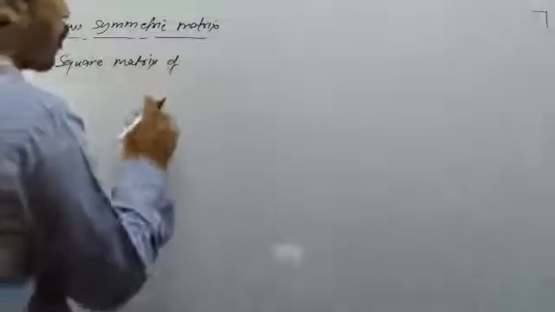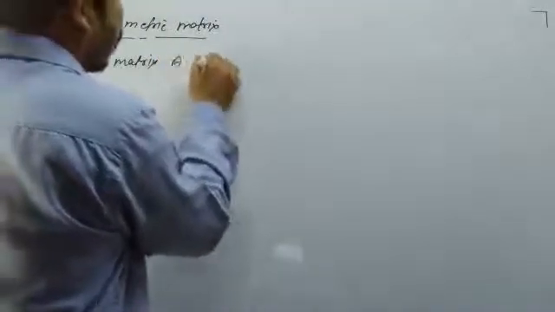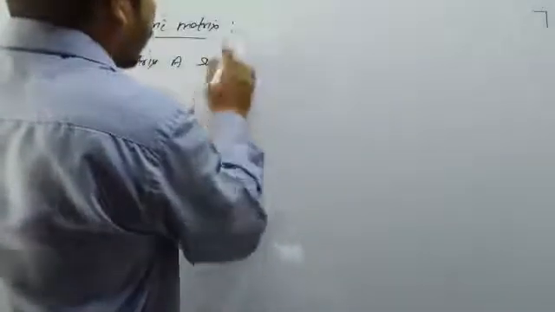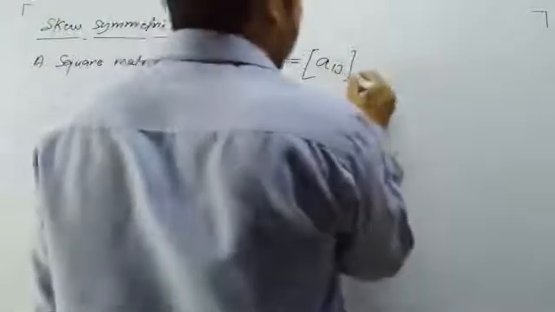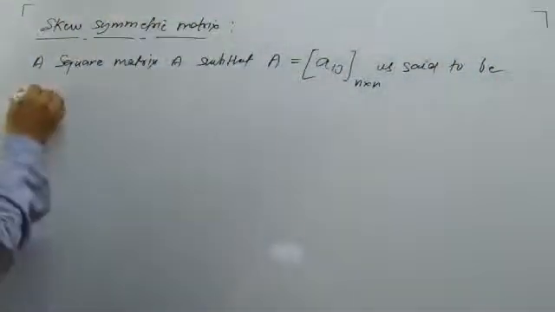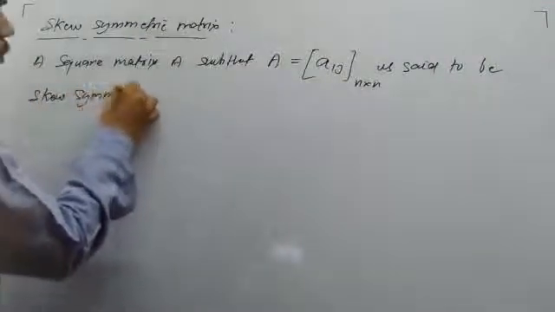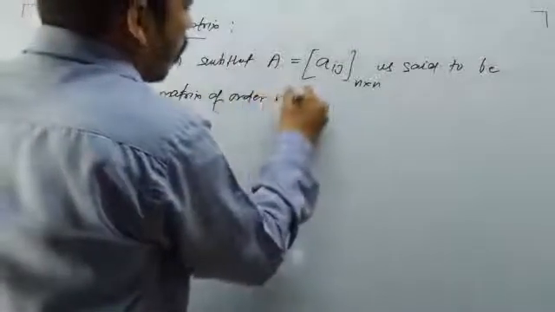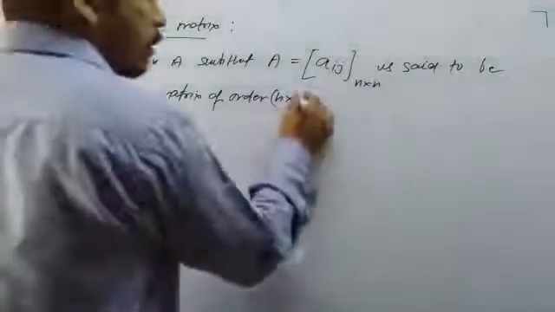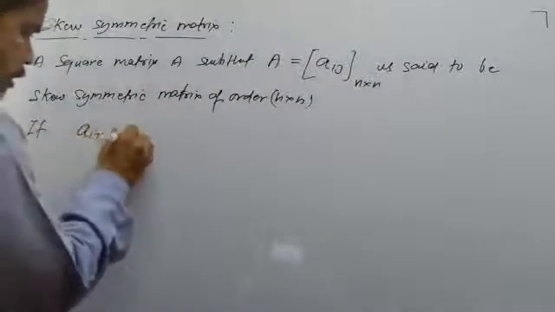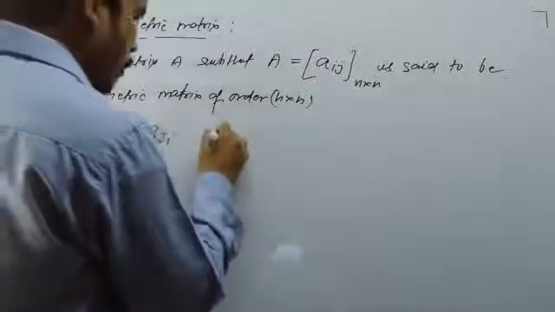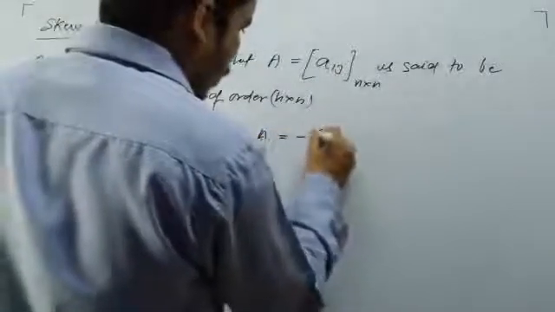A square matrix A such that A is equal to Aij is said to be a skew symmetric matrix of order n cross n if Aij is equal to minus Aji, or A is equal to minus A transpose.